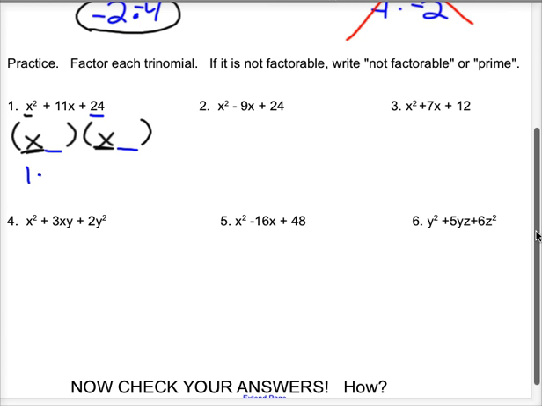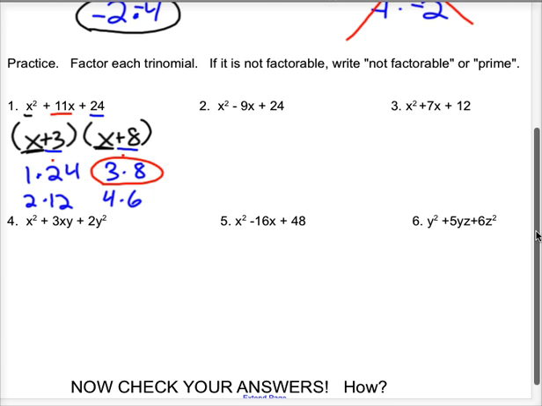So I'm going to make my list. 1 times 24, 2 times 12, 3 times 8, 4 times 6. Things that are multiplying to give me 24. And they need to add to give me 11. So which of those things in my list add to give me 11? The 3 and the 8. So I know that I'm looking at a +3 and a +8.